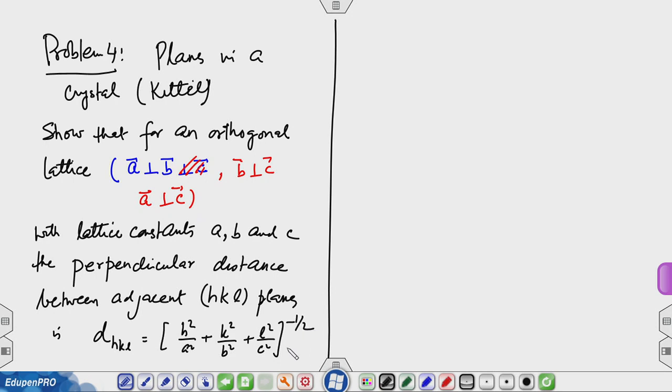So, it is 1 over the square root of this. So, let us solve this.